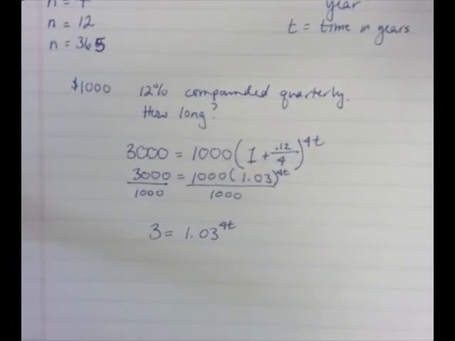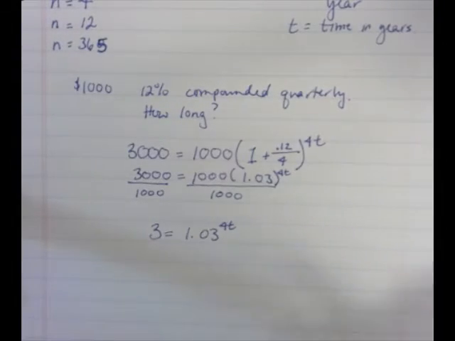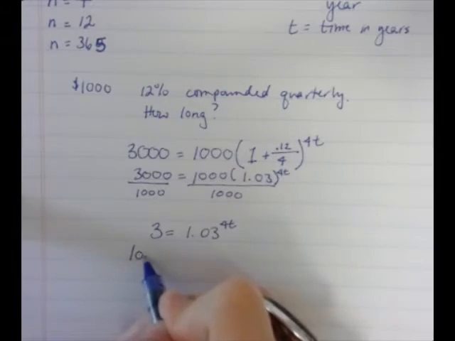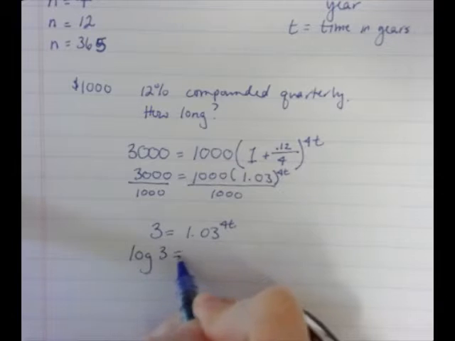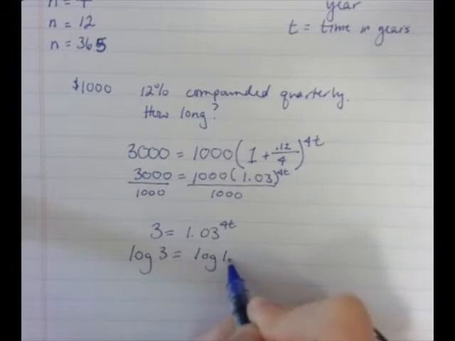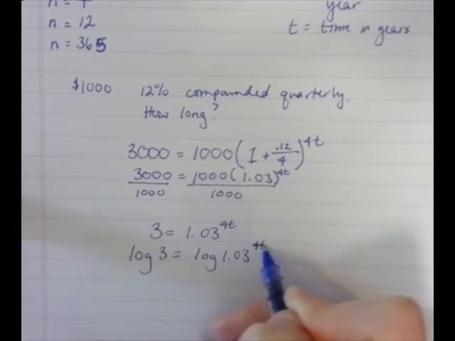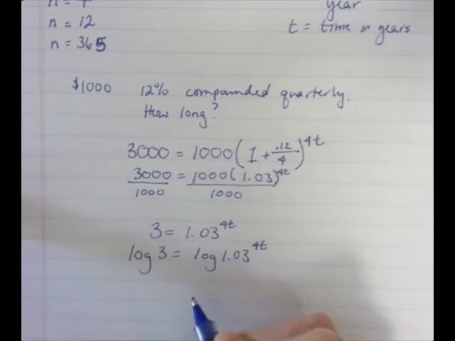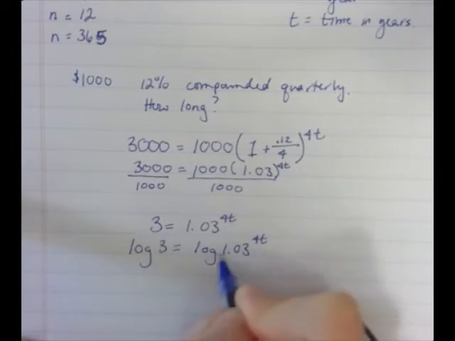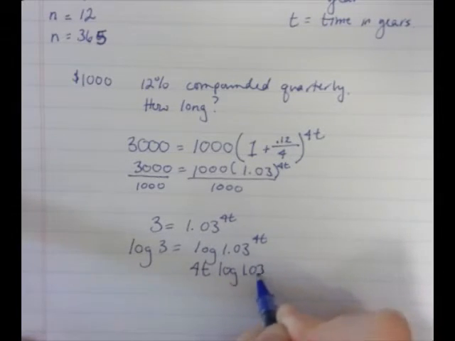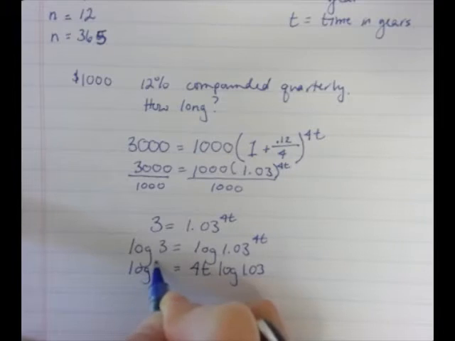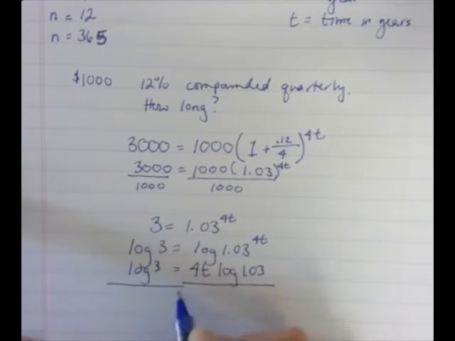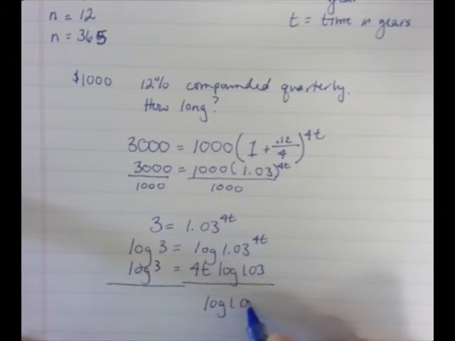Now this is where logarithms come in. This is exactly like the questions that we just did. We just rewrite this with logarithms: log 3 equals log 1.03 to the 4t. We use our rules of logarithms to rewrite this as 4t log 1.03 equals log 3. Divide this all out by log 1.03.